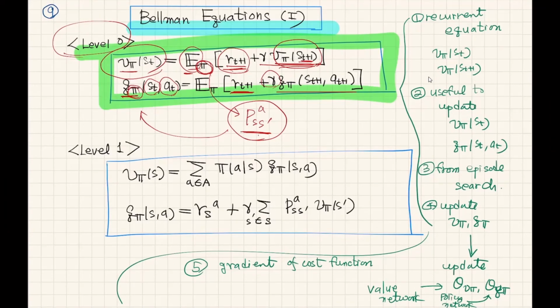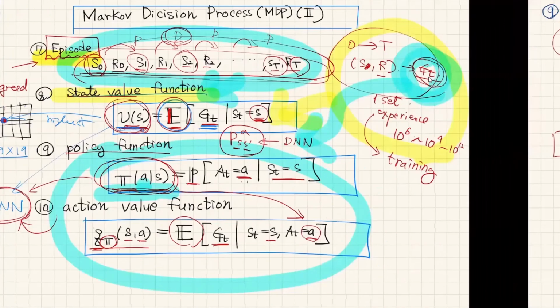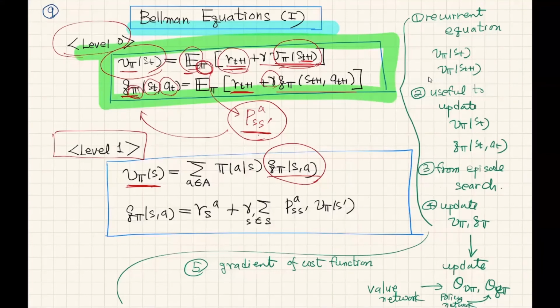Second level of Bellman equation is like that. If you want to calculate current return, you have to multiply. This is the action value function. That is the return at state S with action A, and you multiply it with the probability of action A, and your summation makes total action.